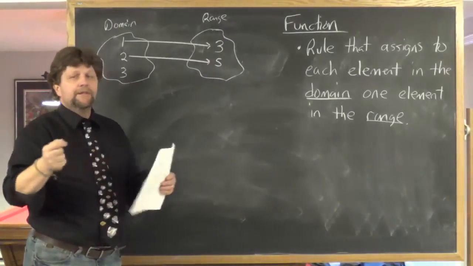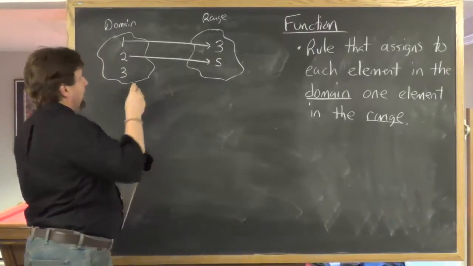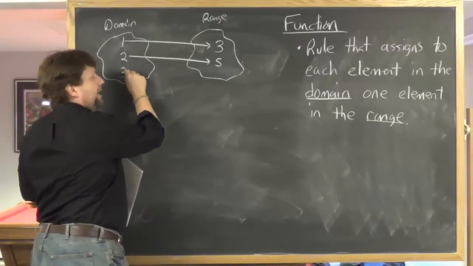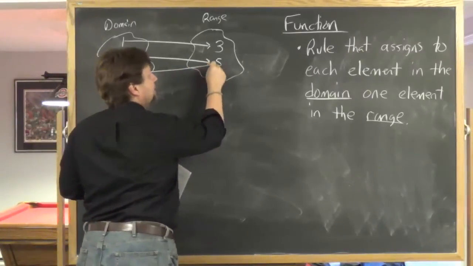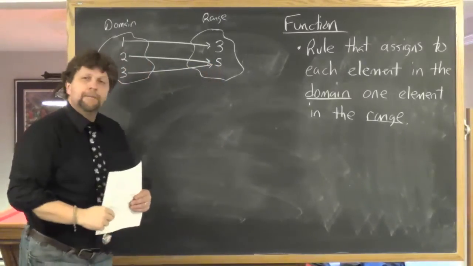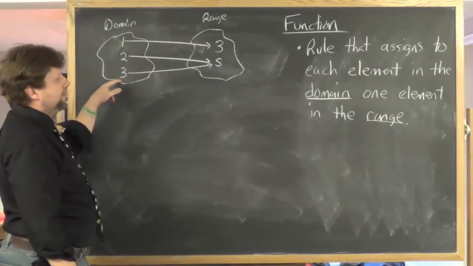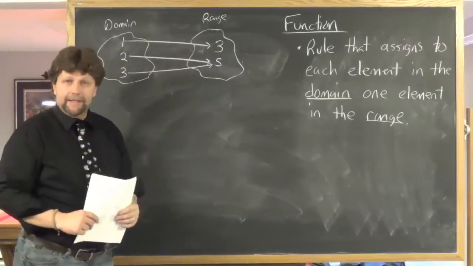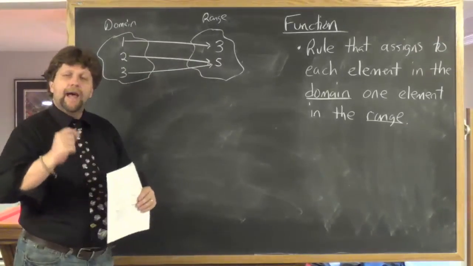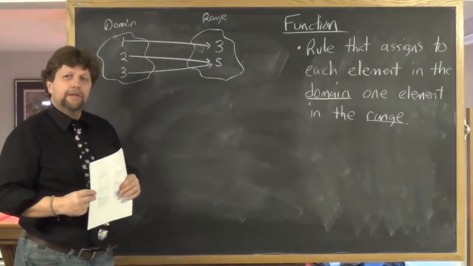Again, I don't know what the rule is, I don't care. And let's say it takes the number 3 and also sends it to the number 5. So each element in the domain is going to one element in the range. That's kind of what a function would look like.